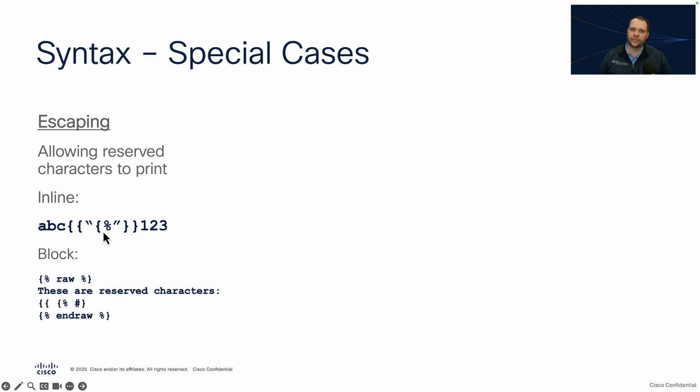So if you run into this situation, inside that string of text, you can surround those special characters with a double set of curly braces before and after, and then inside, you simply put quotation marks around those special characters, and then they'll be treated as plain text. If instead you have multiple lines that you want to escape, you can simply use the opening raw block and then the closing end raw tag that goes at the end, and you can escape multiple lines of text.